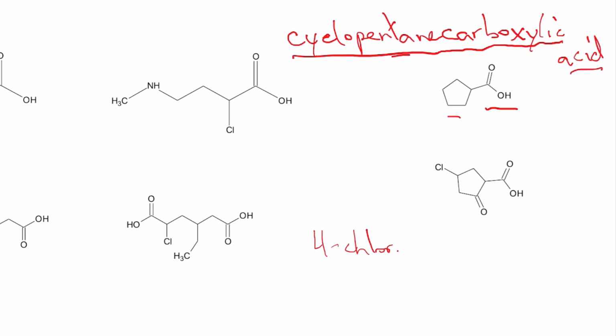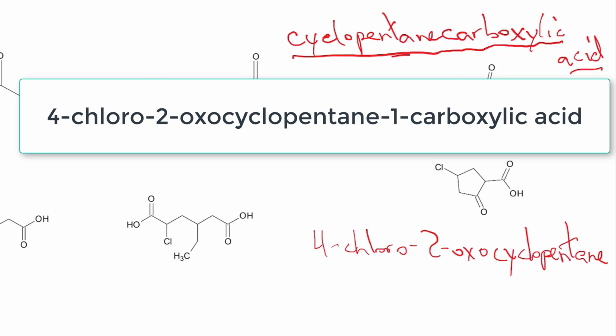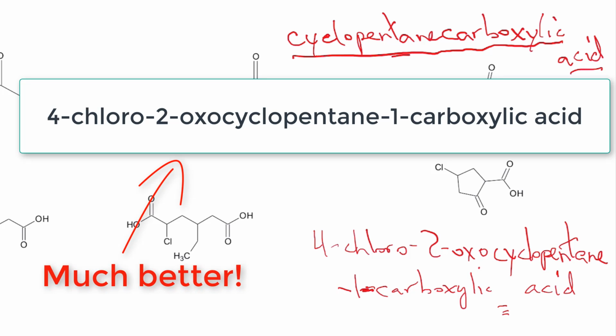Chloro comes first, even though it's in the 4 position. 2 oxo cyclopentane. No room for this. There's a dash 1 dash carboxylic. Now there's a space acid. The rest of this is all one word, and I'll have it written out nicely in the box as seen above.